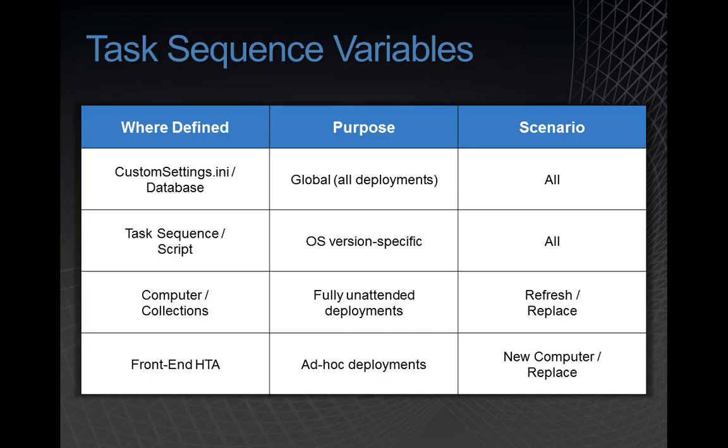I'd like to note here that during our review of task sequences I'm going to be primarily focusing on and discussing only the changes made to the task sequence templates to support our customizations and not on the default actions included by the templates. I will be providing each of these task sequences and all supporting scripts along with this presentation. Okay, so without further ado, let's first start by reviewing a resource that will be common to all of our deployments, Custom Settings INI.